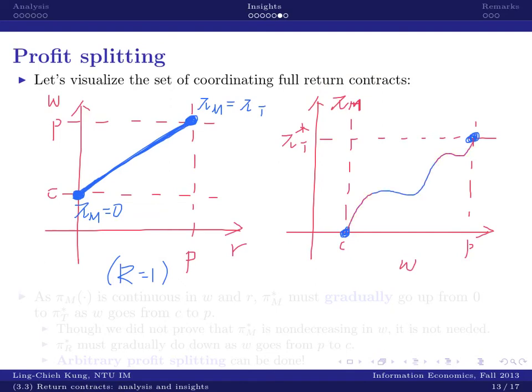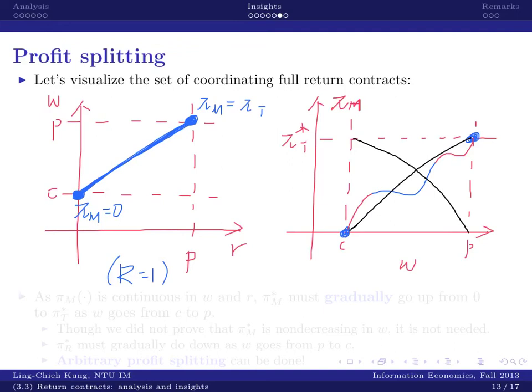In fact, what we may show is that this line would be a monotonically increasing function. That directly tells us that the retailer's profit, as it must sum to pi t star, will be a decreasing line that goes from pi t star to 0.